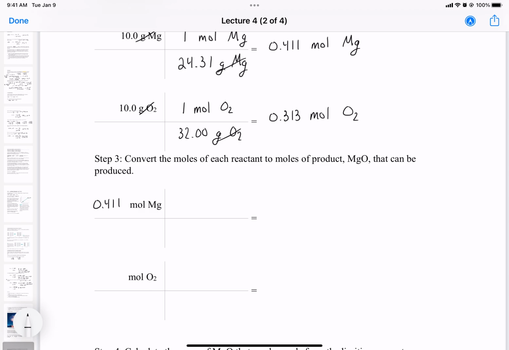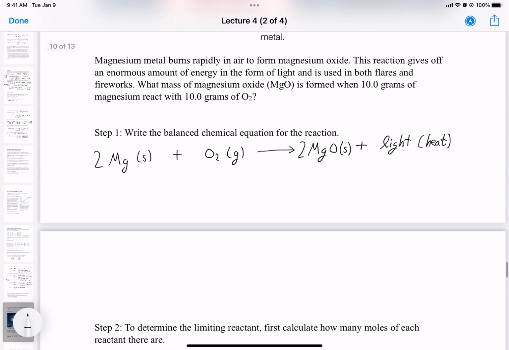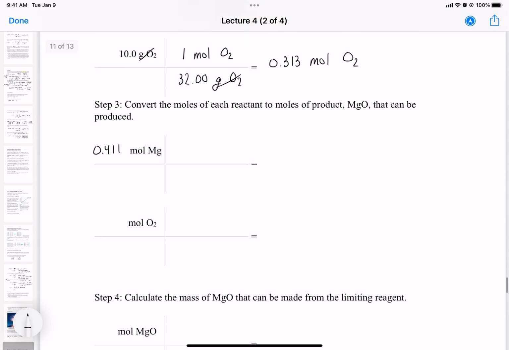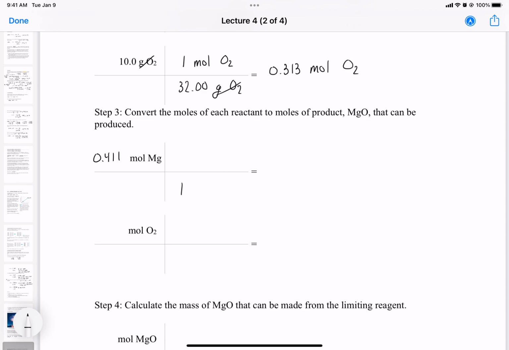In our chemical equation, it says we need 2 moles of magnesium to react and produce 2 moles of magnesium oxide. So our ratio is going to be 1-to-1, right? If we simplify it, 1 mole of magnesium will produce, well not approximately, sorry, 1 mole of magnesium oxide. Okay, in terms of magnesium.